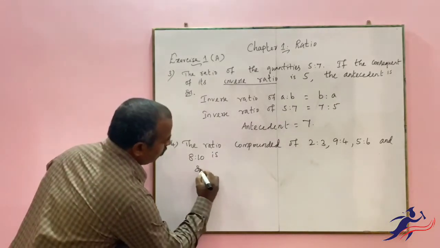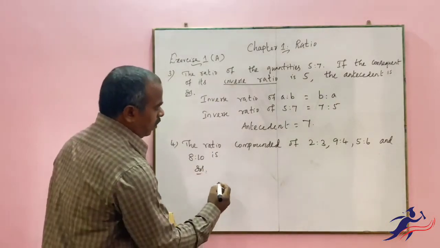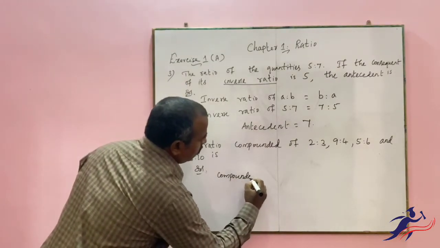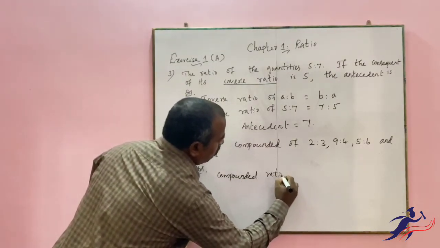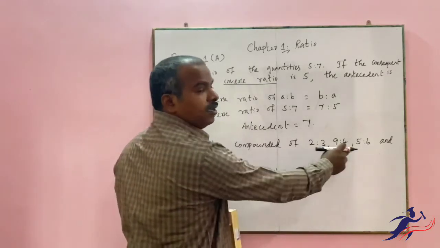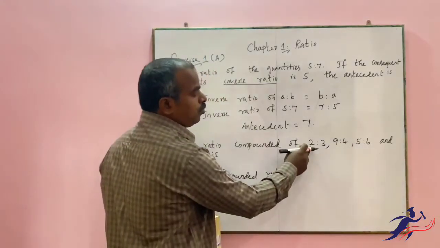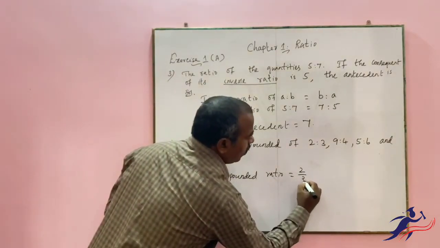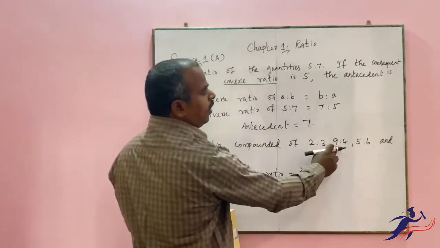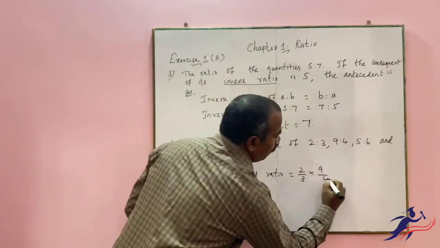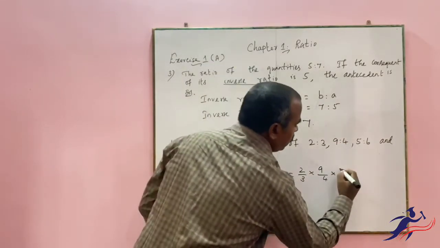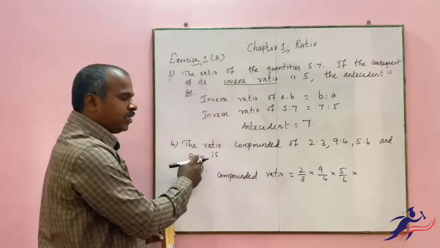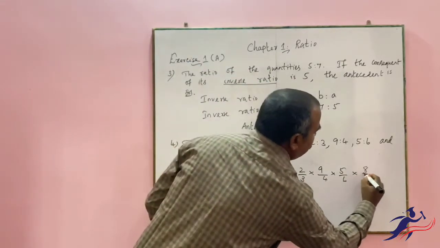So solution. Therefore, compounded ratio is equal to product of these ratios. Therefore, I am going to write in the division form, that is 2 is to 3 can be written as 2 by 3 into 9 is to 4 can be written as 9 by 4 into 5 is to 6 can be written as 5 by 6 into 8 is to 10 can be written as 8 by 10.